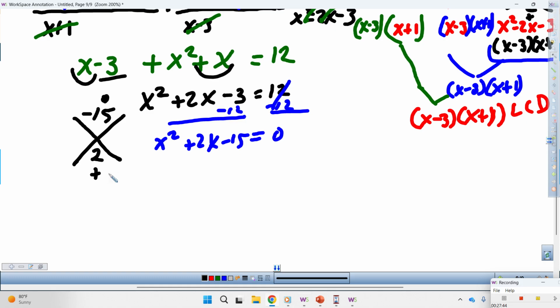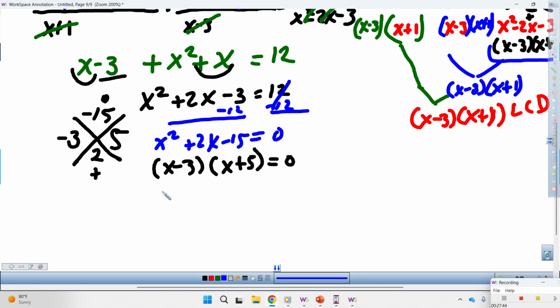All right, looks like Sarah's got it. All right, Kiana. She said negative 3 and 5. Hands up if you got that. That is correct. So we got x minus 3, x plus 5, all that equal to 0.